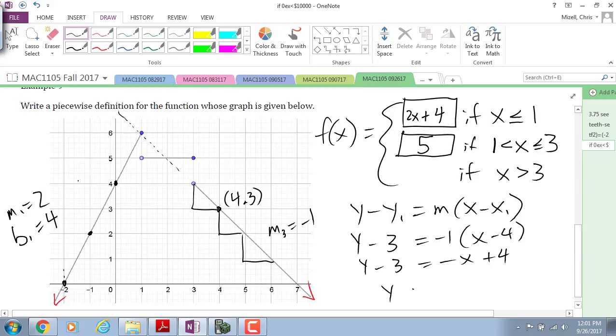If we add 3 to both sides, sure enough, y equals -x plus 7. So the y-intercept is indeed 7, and we can write -x plus 7 for this final portion of the domain.